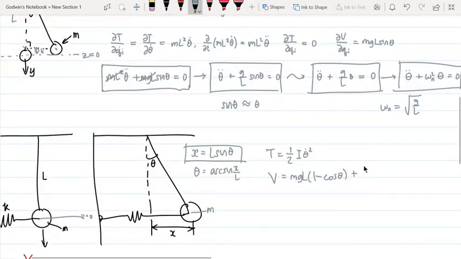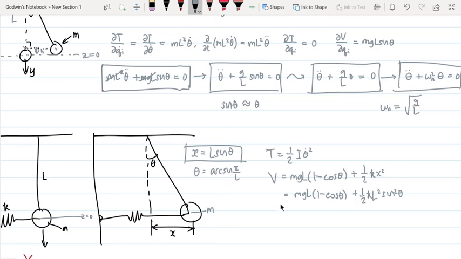That's 1/2 kx squared. But the problem here is, I thought we're using this in terms of theta. So we have mgl times 1 minus cosine theta plus 1/2 of k. So x is L sine theta. It's going to be L squared sine squared theta.